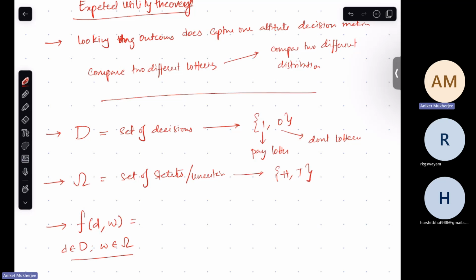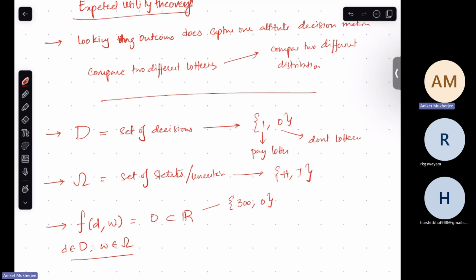So this would give you an outcome, which is a subset of your real life. So this outcome, in the first example, was you either win 300 rupees or you win nothing, right? So the outcome could be one of those two, either 300 or zero, depending on what you have taken.